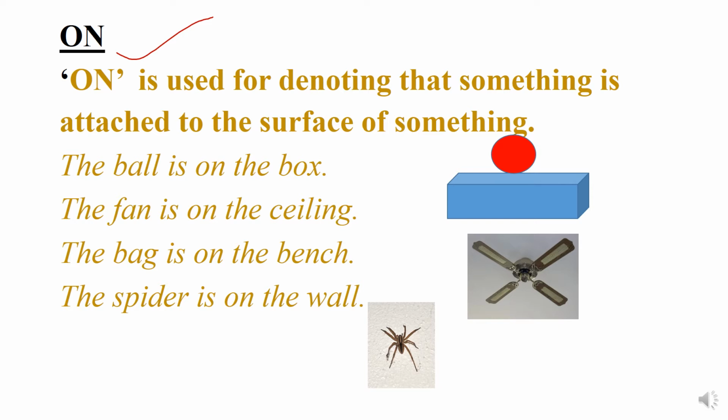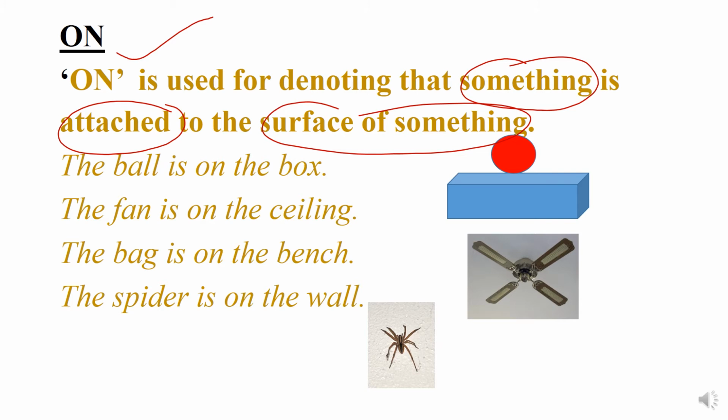Now let's directly enter "on". "On" is used for denoting that something is attached to the surface of something. Attached means something has touched or something has been put on the surface of something.